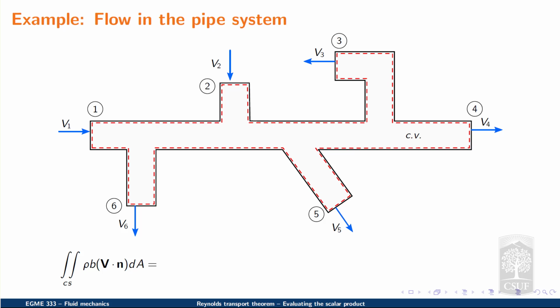Then, at each point where flow is either entering or exiting the system, sketch the corresponding local unit vector. I'll highlight that the unit vector always points away from the control surface, as shown here at point 1. Similarly at point 2, point 3, point 4, point 5, and point 6.